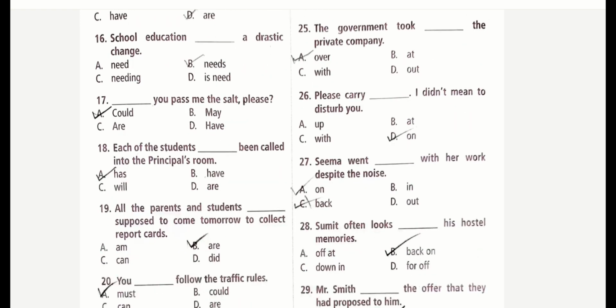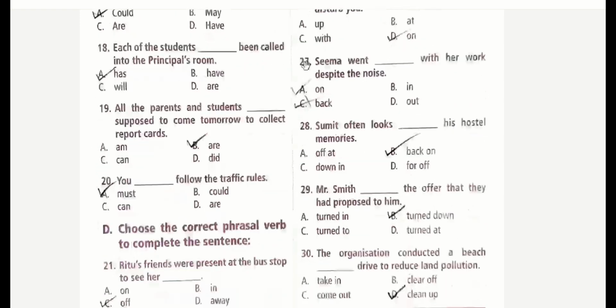Okay, so next question 27. Seema went dash with her work despite the noise. Seema went on with her work despite the noise. Sumit often looks dash his hostel memories.